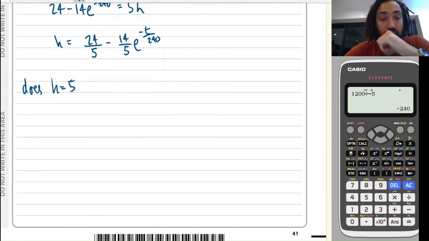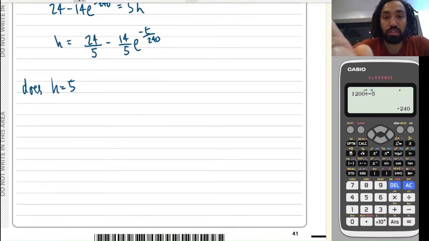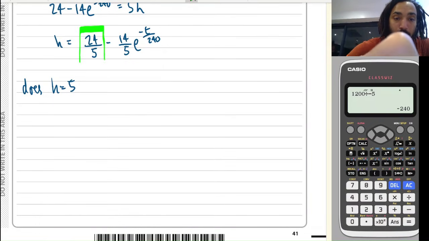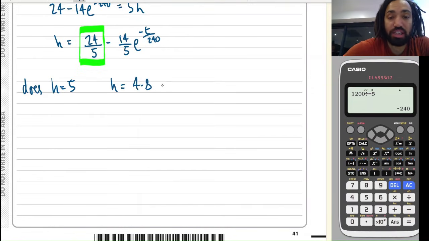Well, I can tell already it's never going to become 5 because, well, what is this term? That term is 4.8. So h actually equals 4.8 minus something. And what do we know about e functions? Well, they're never going to be negative.